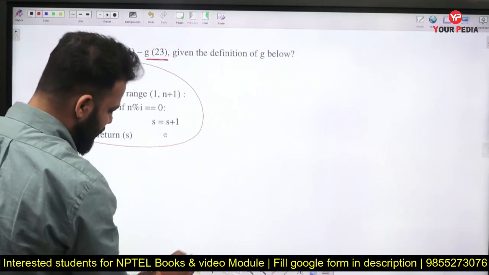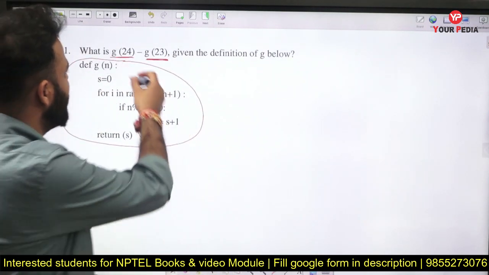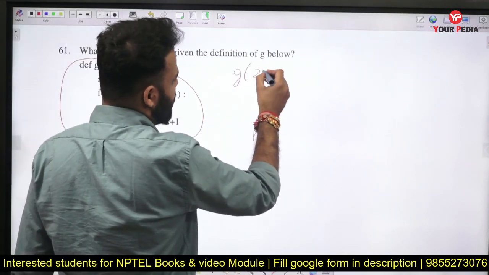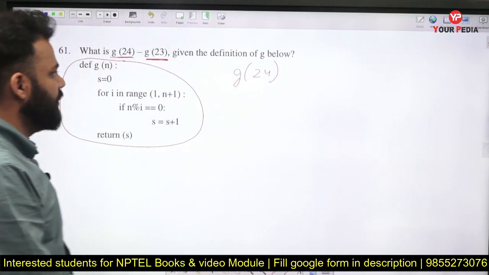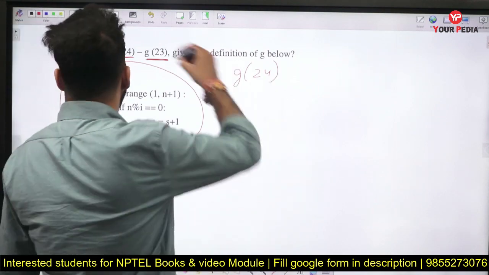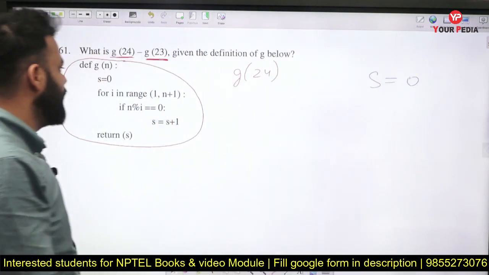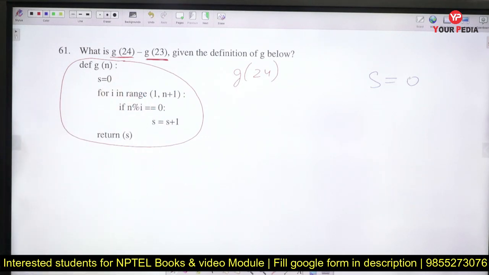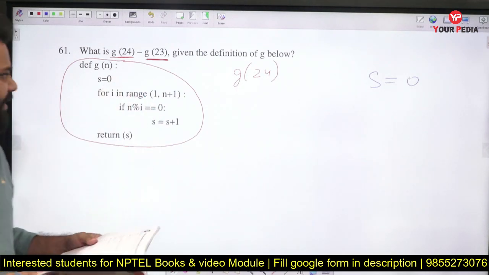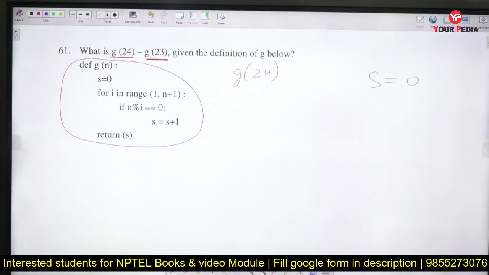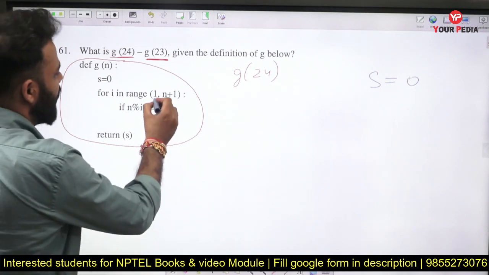First of all, let us try to solve G24 first. Now for G24, the value of S is equal to 0 initially, then you will enter the for loop. When you enter the for loop, it says for I in the range 1 to n plus 1.